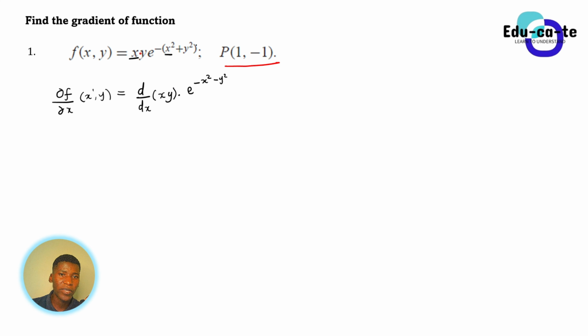We just distribute the negative sign so that it becomes easier for us. Then this is plus the derivative in terms of x, because remember we're doing the partial derivative in terms of x. So now we're going to differentiate e to the power of negative x squared minus y squared, and this is multiplied by xy without differentiating it.